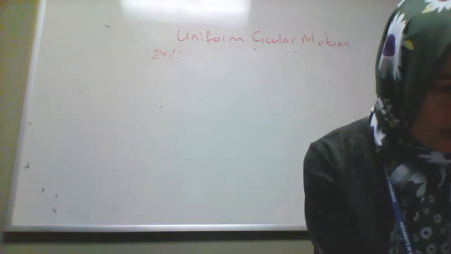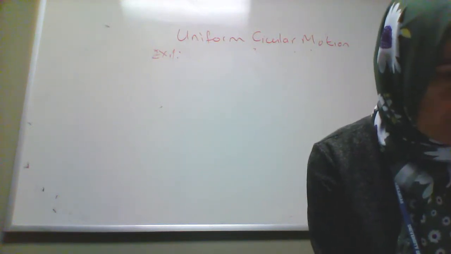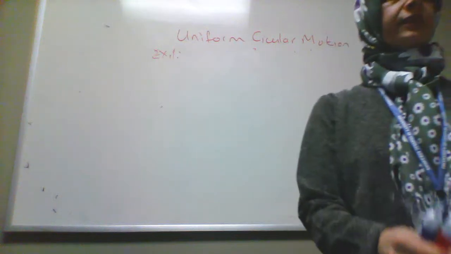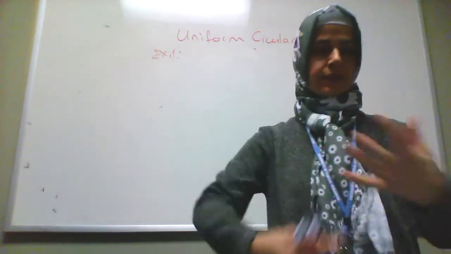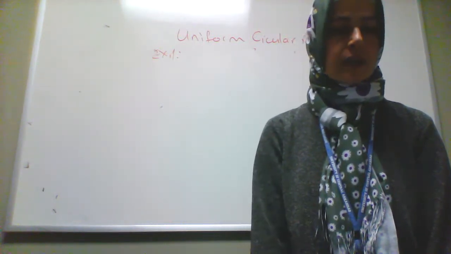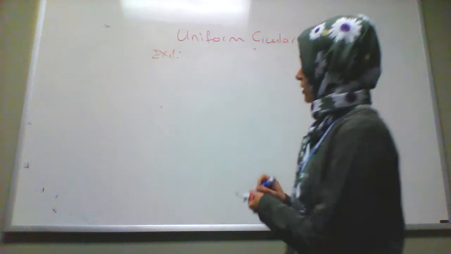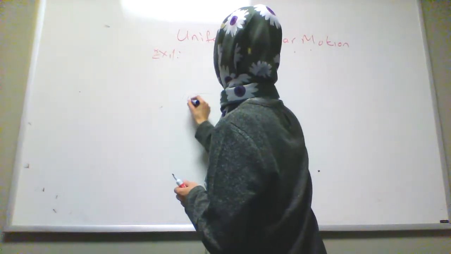So let me find my question and read it to you. The vacuum cleaner takes the air inside by use of uniform circular motion, rotates and takes the air inside. Let's say the motor has a radius of r, 10 centimeters. Let me try to draw a vacuum cleaner.